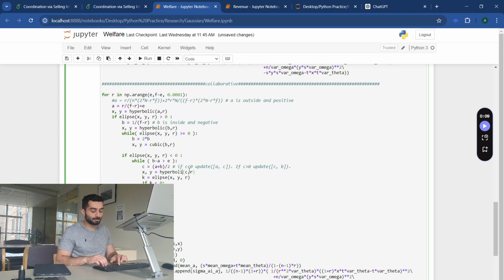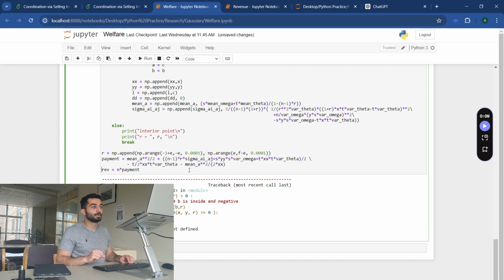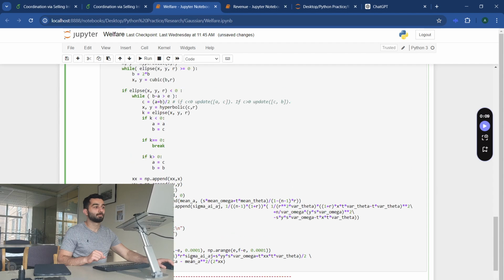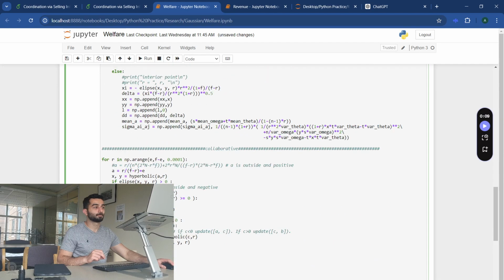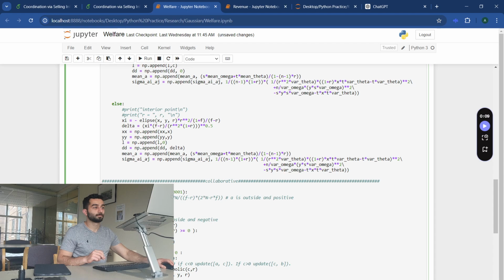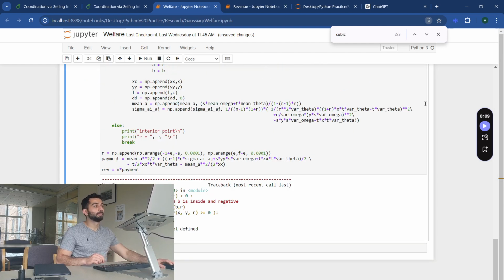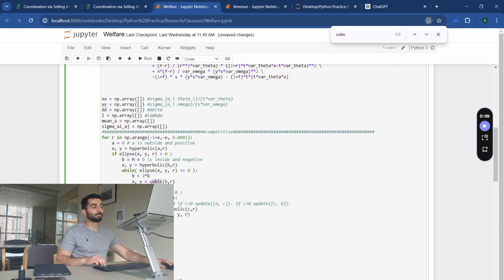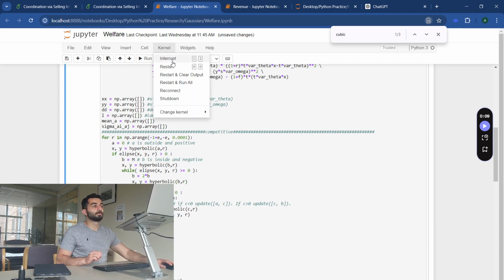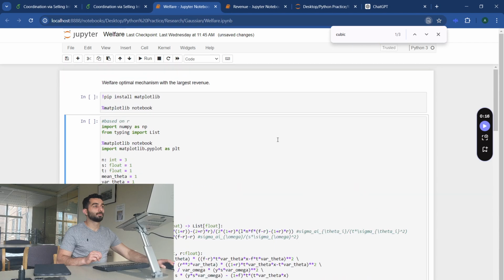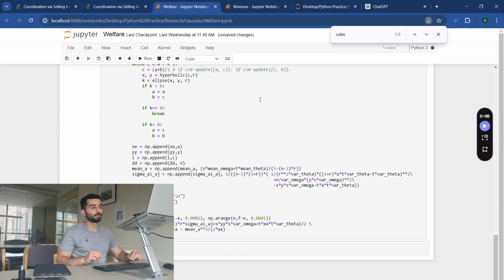Oh, okay, we just changed it for negative values of R. Negative, negative. Cubic. Perfect.